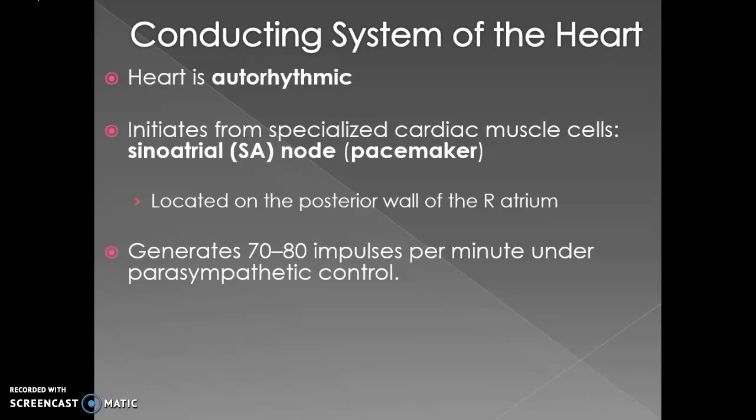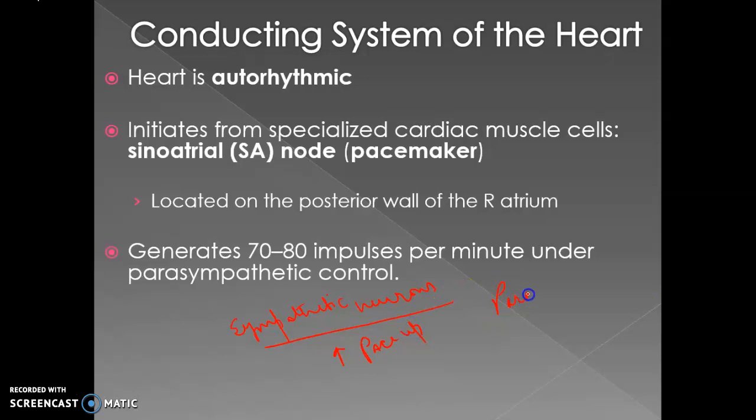The sympathetic neurons pace your heart up. So under the influence of the sympathetic neurons, it increases the heart rate and the cardiac output. So this helps to pace up.